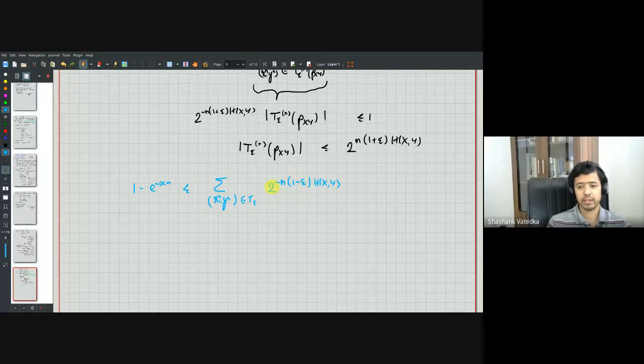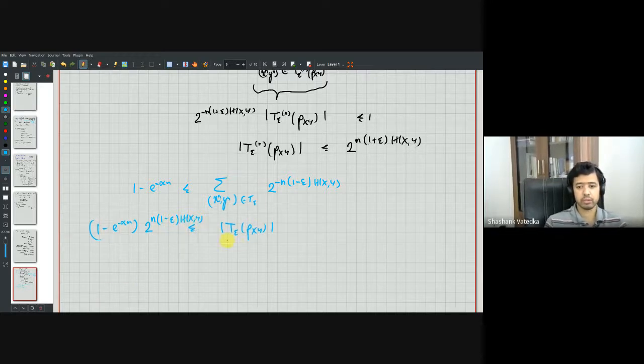All right. So similarly, taking this outside and identifying that the remainder is just the size of the typical set, you will get that the size of the typical set is greater than or equal to 1 minus e to the minus alpha times n times 2 to the n times 1 minus epsilon times H of x comma y.